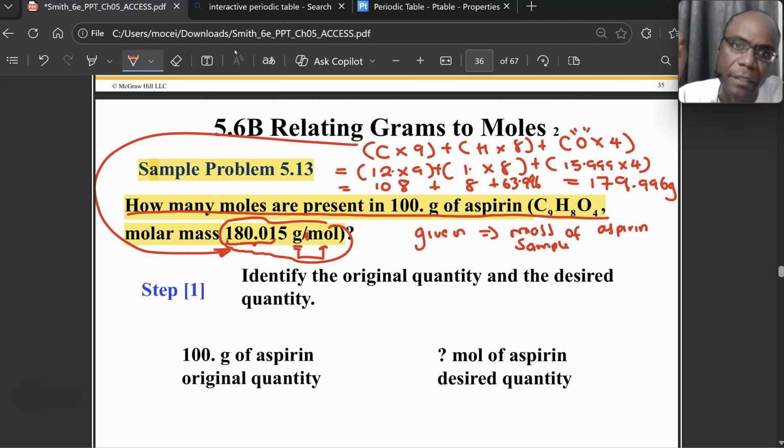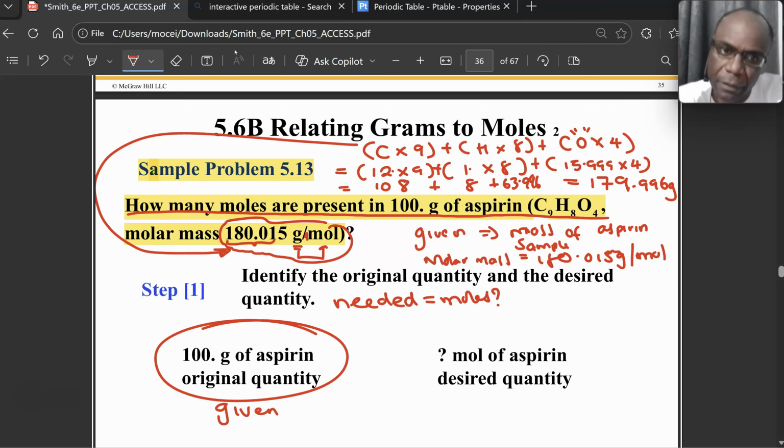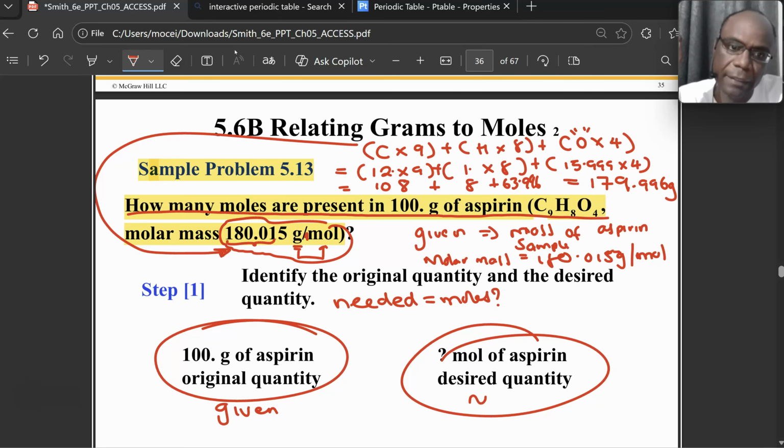Also given here is the molar mass of aspirin, 180.015 grams per mole. What I need is moles. So that's the given quantity, and this is the needed or desired quantity.